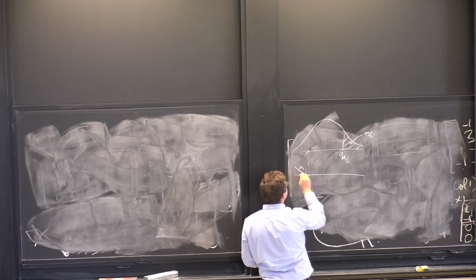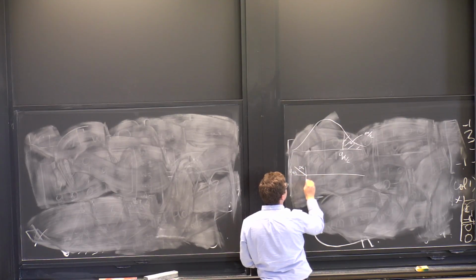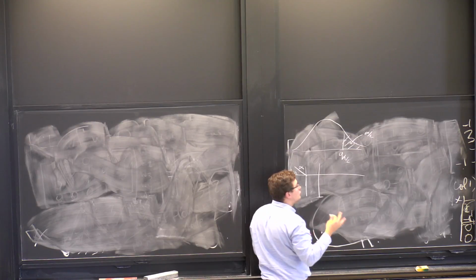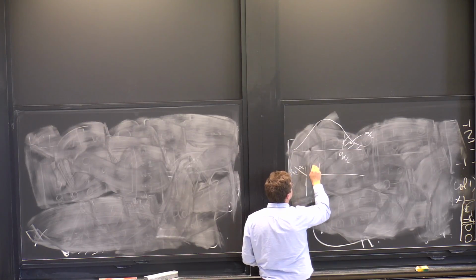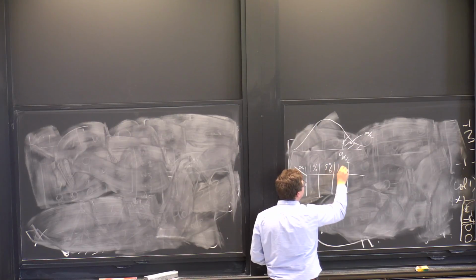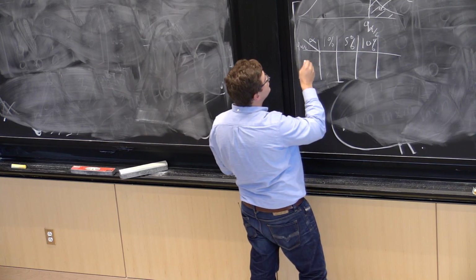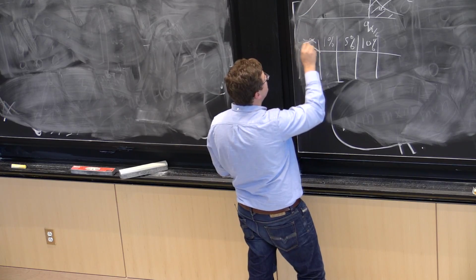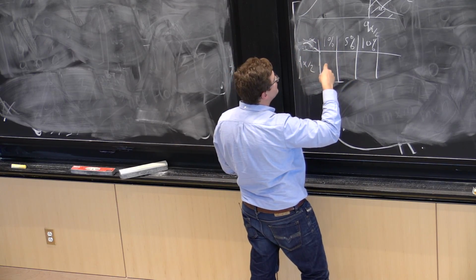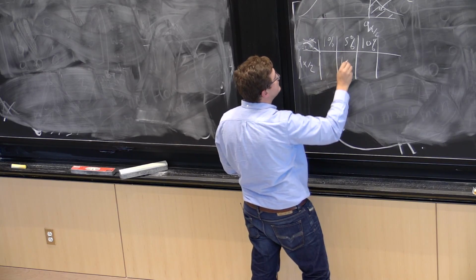All I need to tell you is something that looks like this. This is alpha and this is Q alpha over 2, and the 3 alphas that I told you I care about are something like 1%, 5%, and 10%. My table will just give me Q alpha over 2. I don't remember this one, but this guy is 1.96.